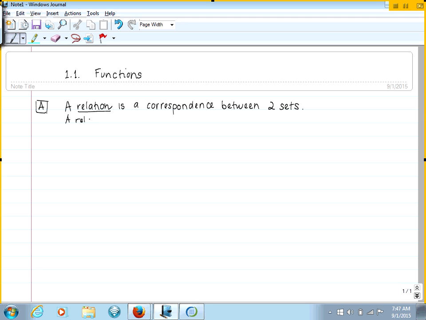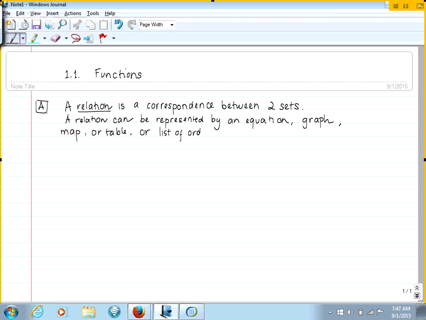So this is a definition. A relation can be represented by an equation, graph, map, or table, or list of ordered pairs.